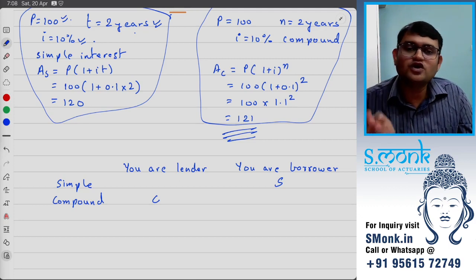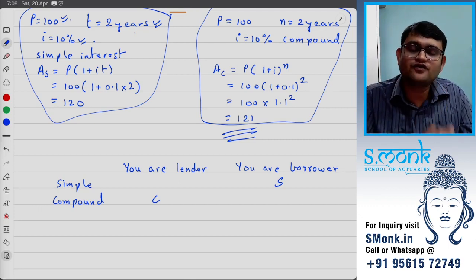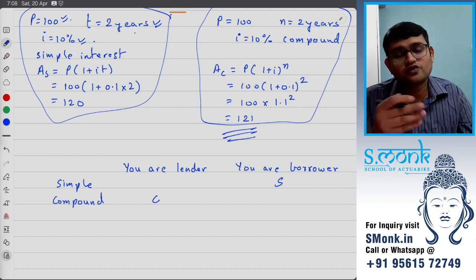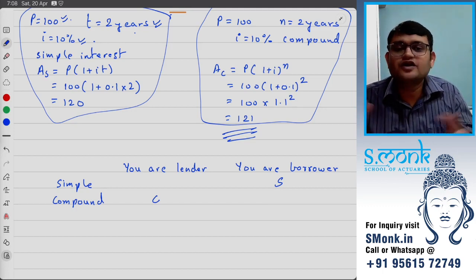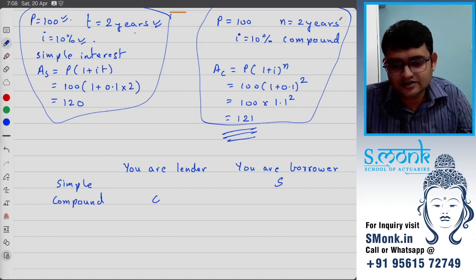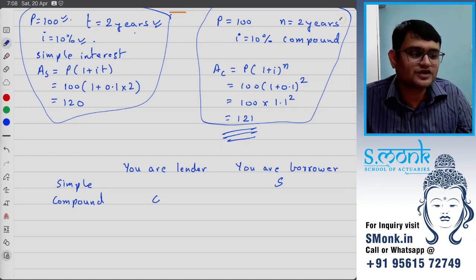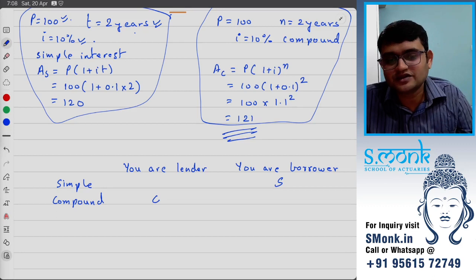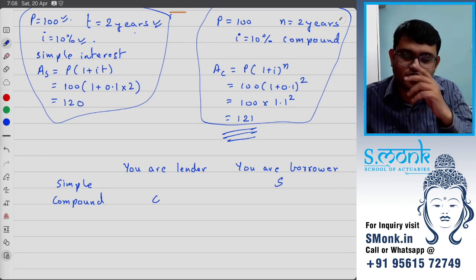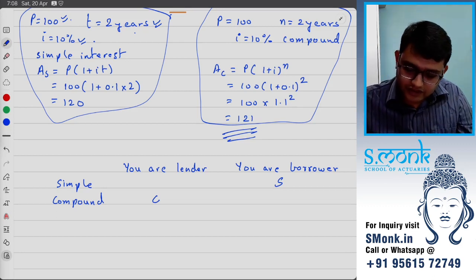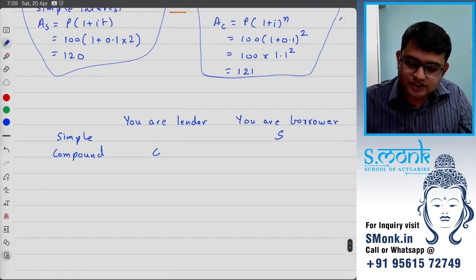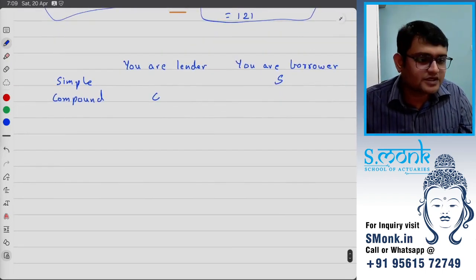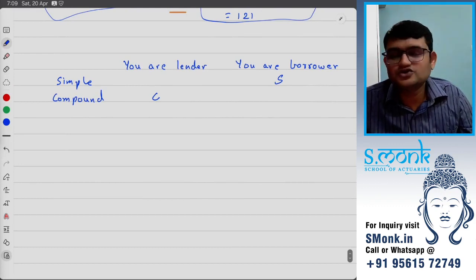So if the lender wants more money and he'll get it in compound interest, then the borrower wants simple interest because he'll have to pay less, and they will never come into agreement. So there will be no loans given, no investment given, nothing, because investment is a type of loan itself, right? So that is not the reason. Just because compound interest gives me more money, that is why we'll use compound, is not the reason.